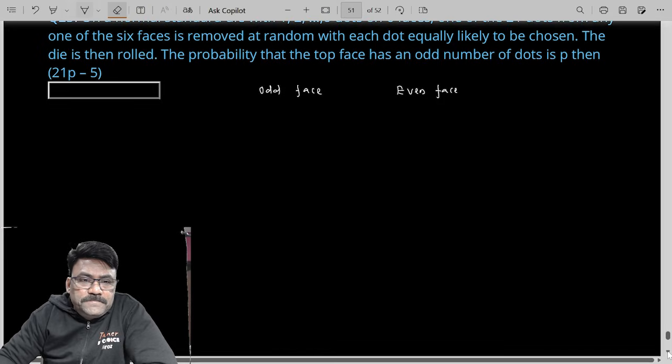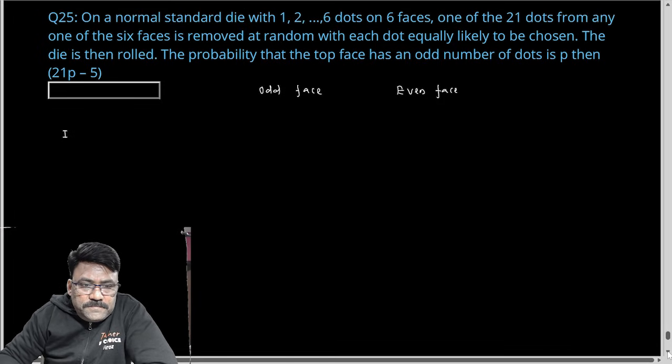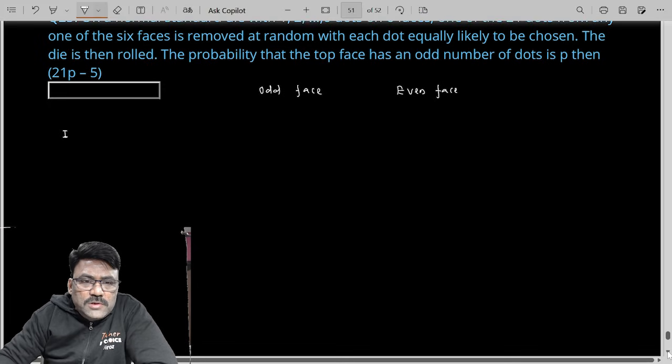First case. I'm writing the total probability. What will be the probability P?